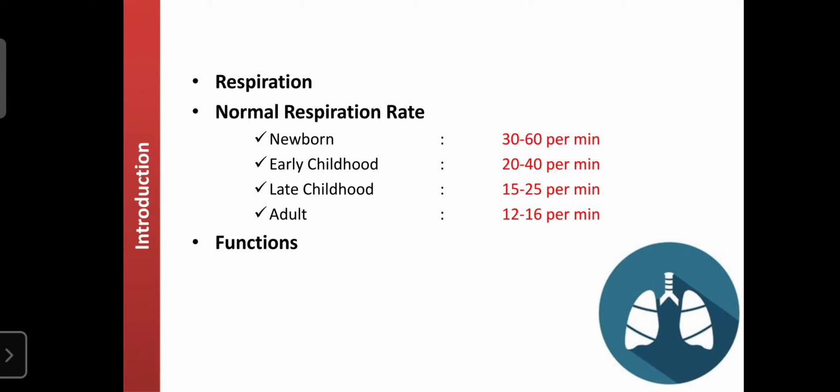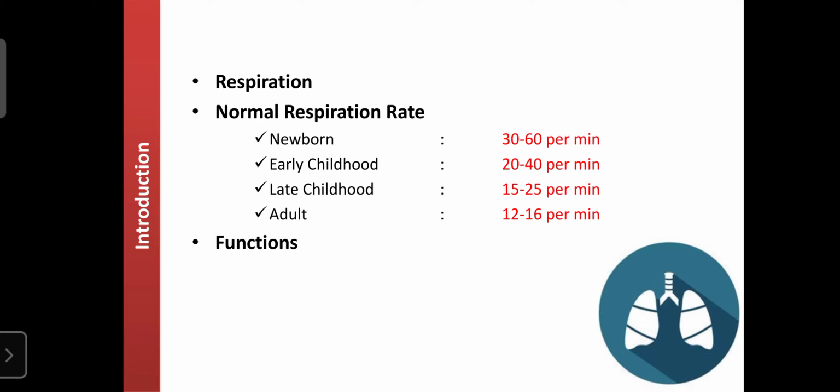Here, the newborn has 30 to 60 respirations, that is inspiration as well as expiration, per minute. So the rate of respiration is higher in a newborn compared to an adult. Universally, an adult has an average of 18 respirations per minute, but in newborns or childhood it is nearly 30 to 60 or 20 to 40 respirations per minute.